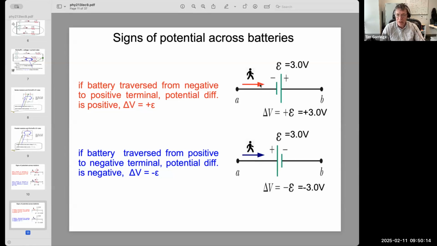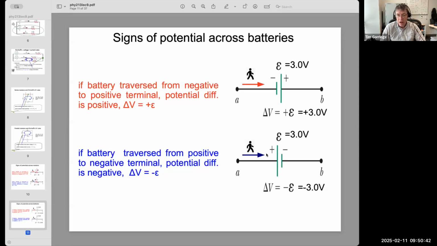Upstairs, I walk from the negative terminal of the battery, that's the short arm, to the positive terminal, that's the long arm. That means the electrical potential is increased by an amount that's the battery's EMF. So I've gone up a potential here. I walked up a bunch of steps inside the battery.